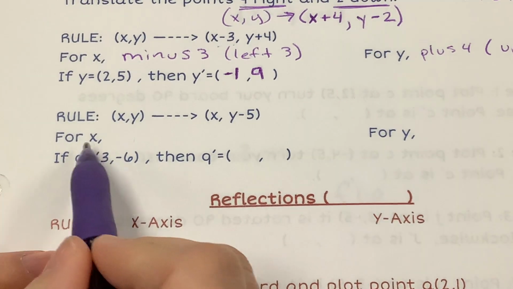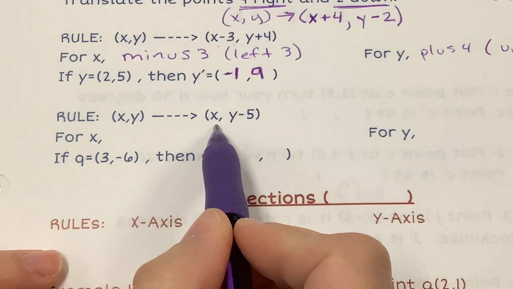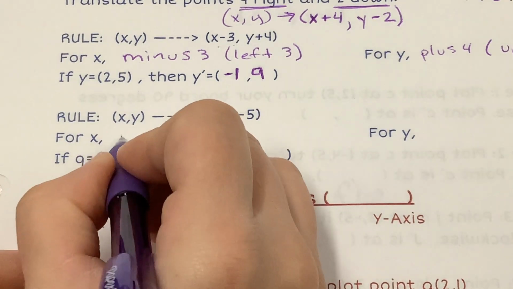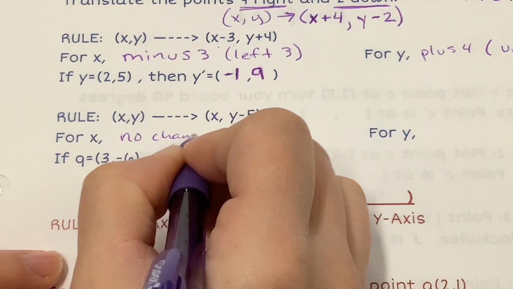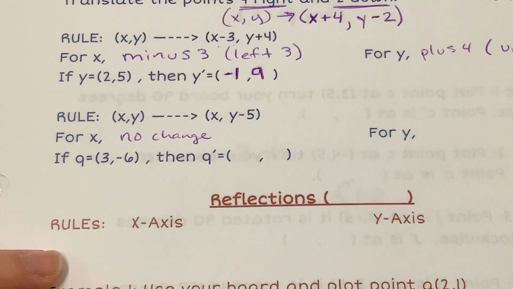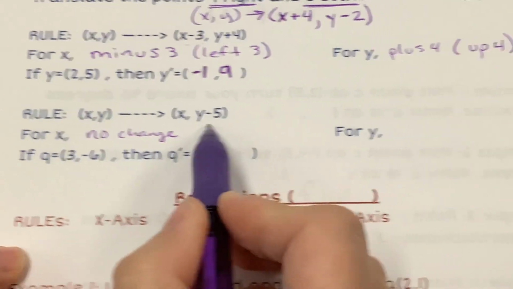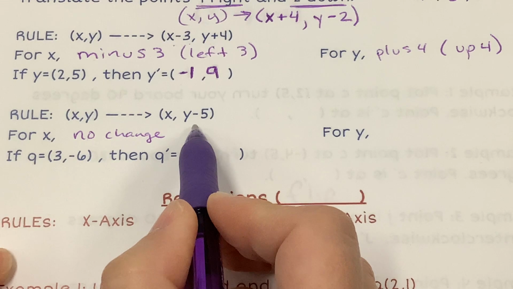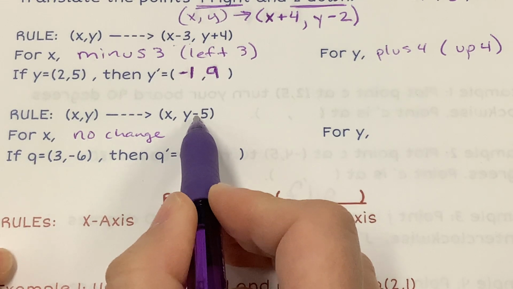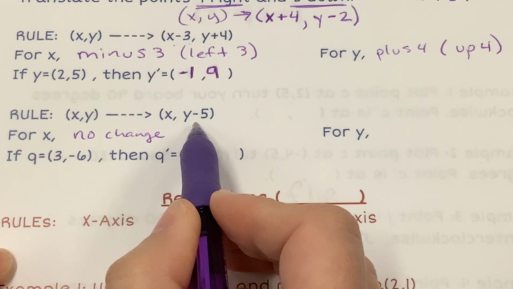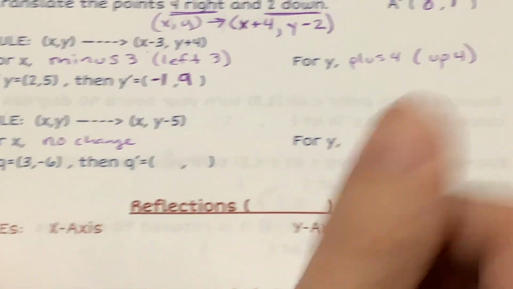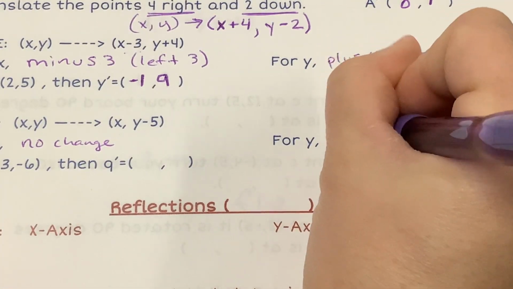Okay, so now for x, what's the movement here if it has nothing? If it's just x? No movement. No movement, so there's no change. We keep it whatever it was. And then for our y value, what are they saying to do with it? This is up and down. So we go up or down? Down how many? Down 5.